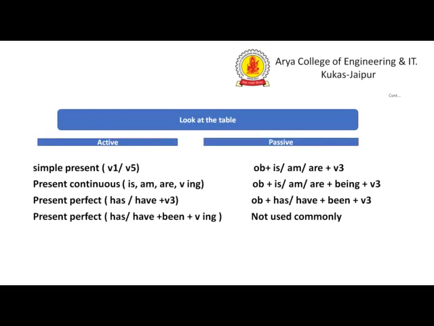Now you can see the table according to the tenses. We are applying the rule, like the simple present. What rule are we applying? Object plus is/am/are plus verb's third form.